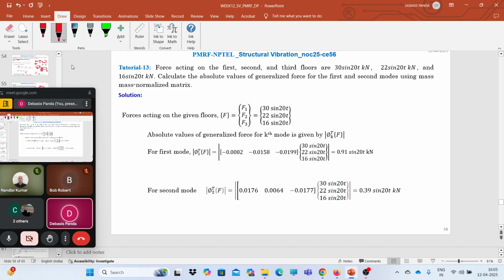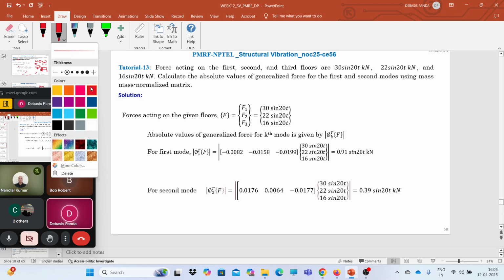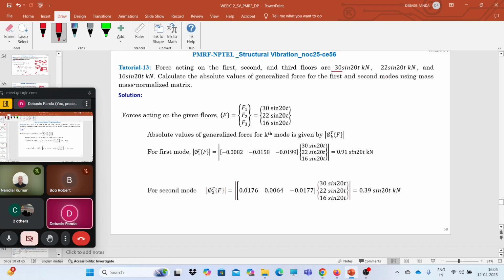We have a three-DOF system, and corresponding to the first floor, second floor and third floor, the forces F1(t), F2(t), F3(t) are given. Now calculate the absolute value of the generalized force for the first and second modes using mass normalized matrices.